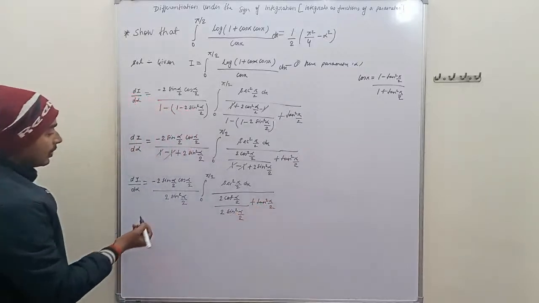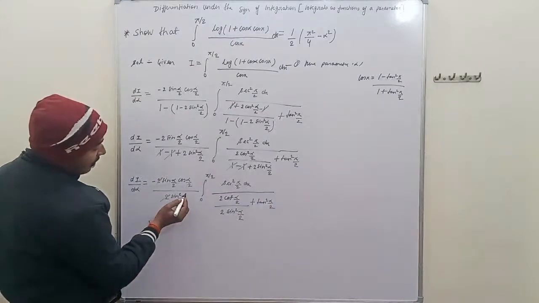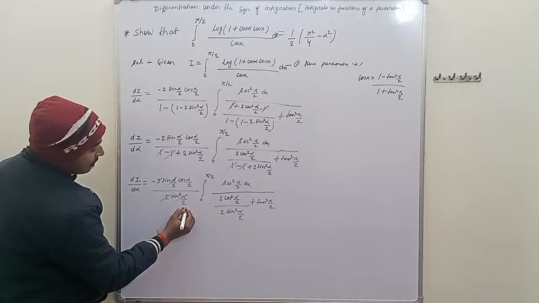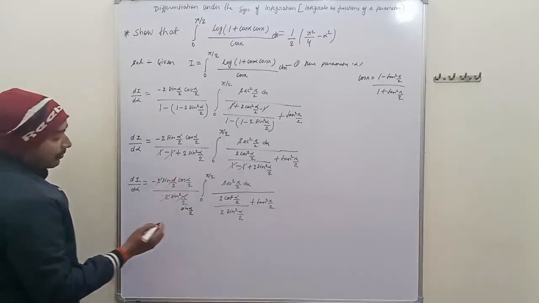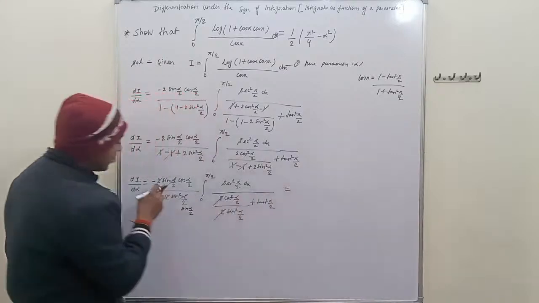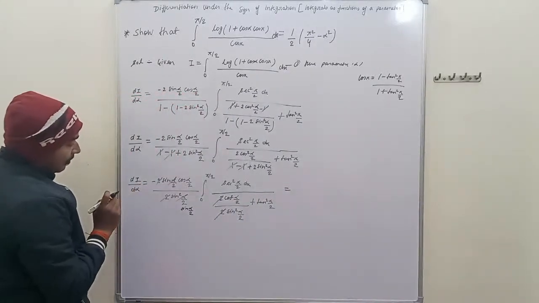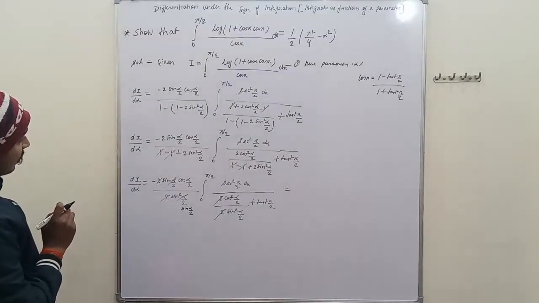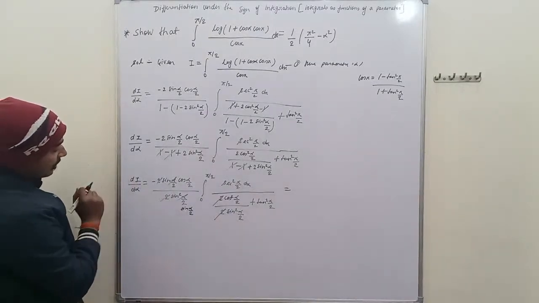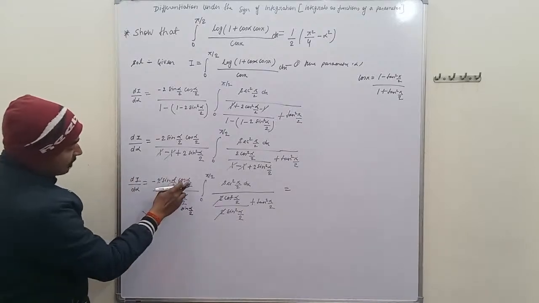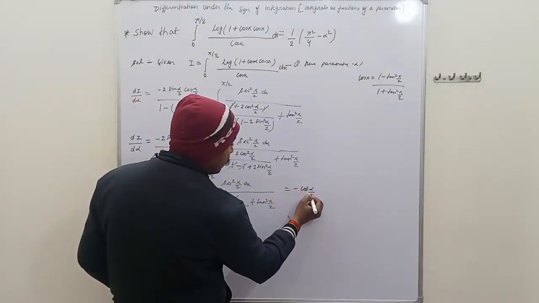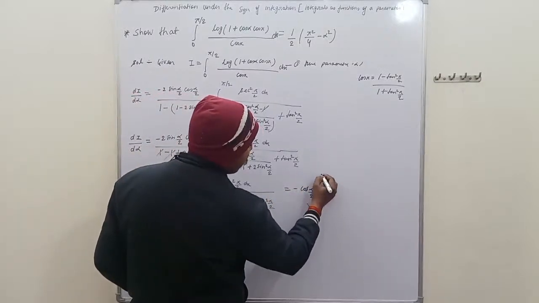The 2 cancels out, and sin square alpha by 2 with sin alpha by 2 cancels, leaving sin alpha by 2 remaining. Further, 2 to 2 cancels out, and the remaining is minus cos alpha by 2 upon sin alpha by 2, that is minus cot alpha by 2, and the integral limit is 0 to pi by 2.